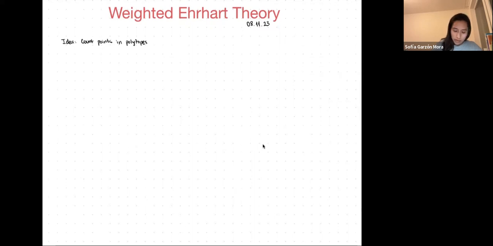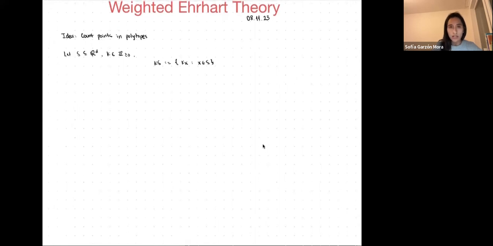I'm going to take for now a set in R^d, and then I'm going to take some integer k, and as a very easy first definition, its k-dilation is going to be just k times x for x in S, and then we're going to look at dilations all the time. So maybe the first definition is the Ehrhart counting function.